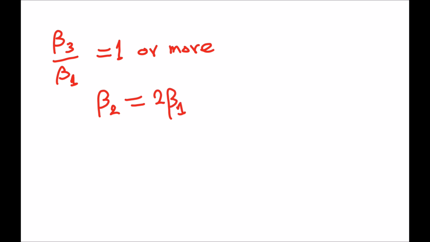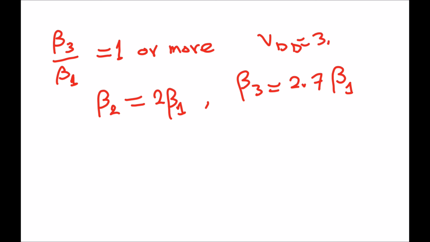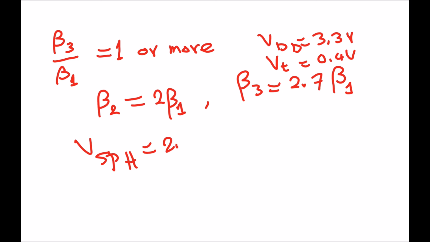So if beta 2 is 2 beta 1 and beta 3 is 2.7 beta 1, for our VDD equal to 3.3 volt and threshold voltage equal to 0.4 volt, we will have V switching point high at 2.2 volt, V switching point low at 1.1 volt.